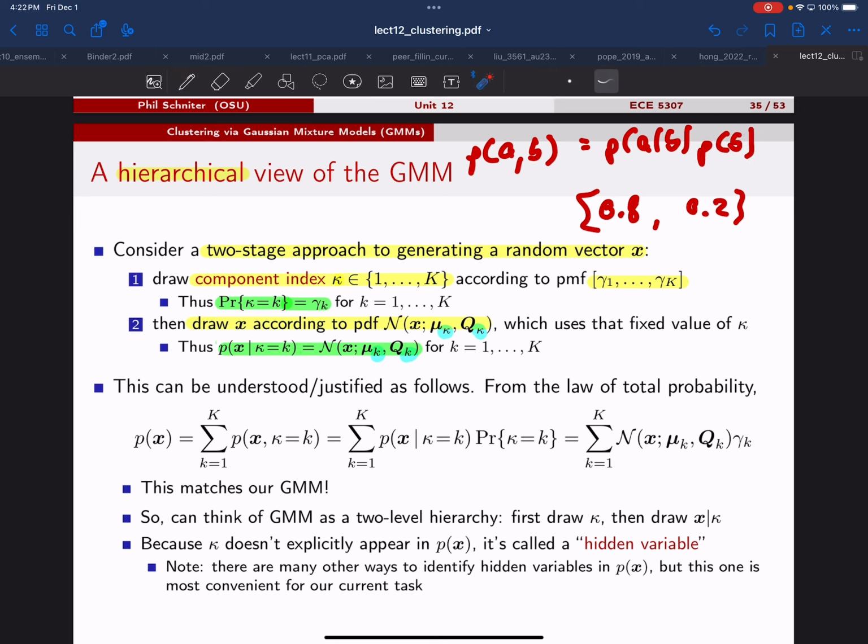We're doing that here with x as a and kappa as b. We're also leveraging the fact that kappa is discrete whereas x is continuous, so we have a PDF and a PMF. In the final step, we plug in the probability of x given the component it's coming from, which is just this Gaussian, and the probability you draw the component equal to k, which is just lambda k.